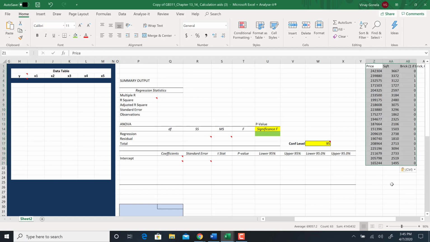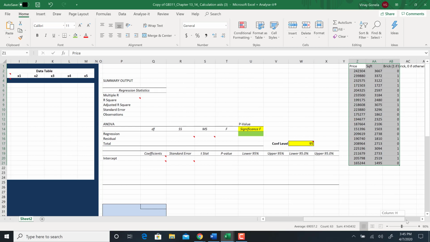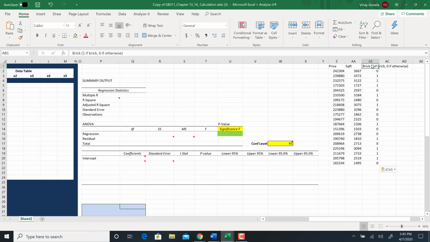So now one of the things I wanted to tell you here is, if you see brick, it represents 1 and 0. If a house is made of brick, they will use 1. If the house is not made of brick, they will use 0.